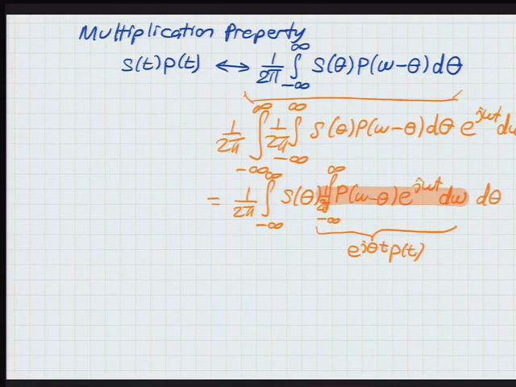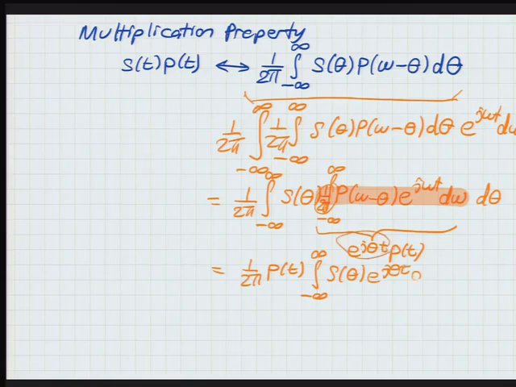So 1 over 2 pi got bundled with this, so it's disappeared, right? So I have 1 over 2 pi p of t integral s of theta e to the j theta t, which came from this, d theta. And theta is just a dummy.